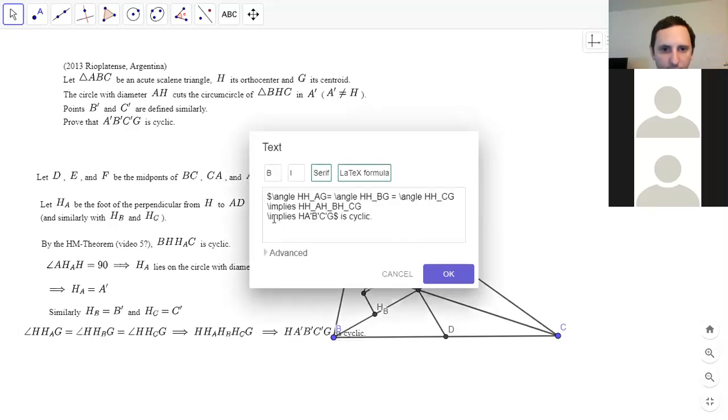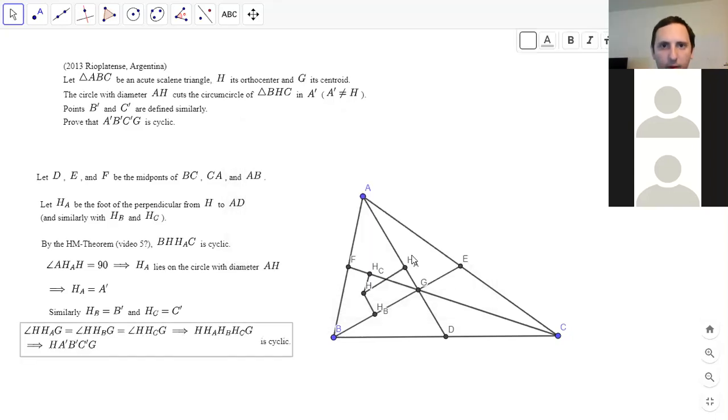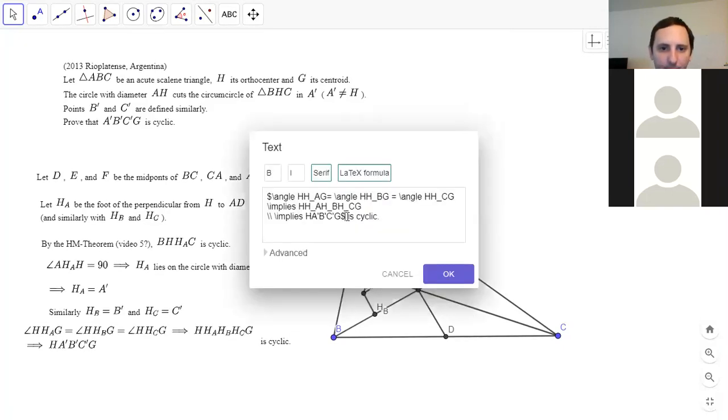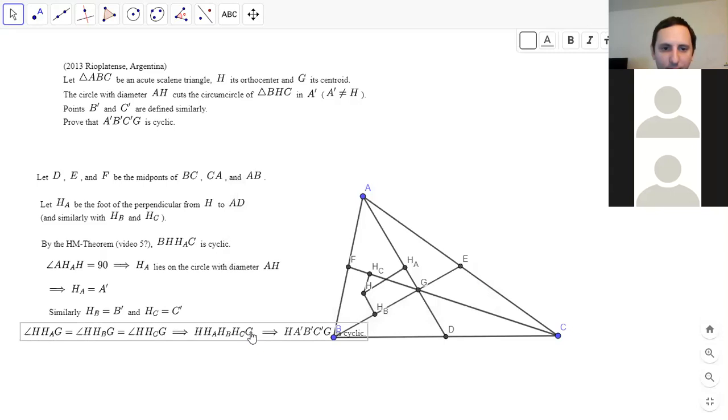Let's try this. There we go. I'm going to check the chat. See you, John. Oh, this problem was on that mock contest. Interesting. It's just bothering me that the word cyclic is so far away.